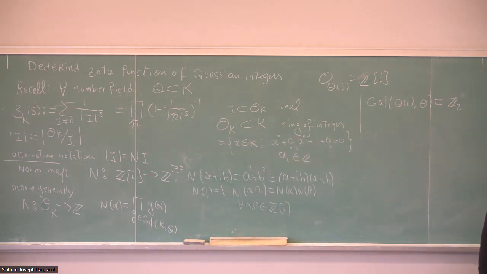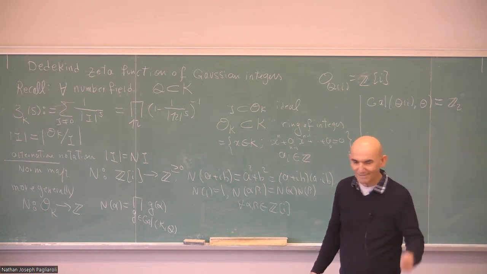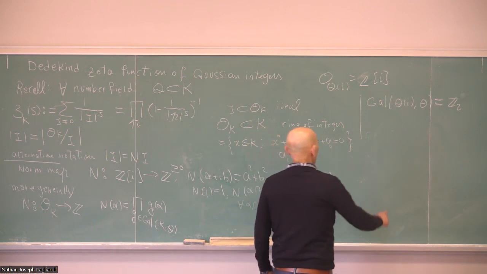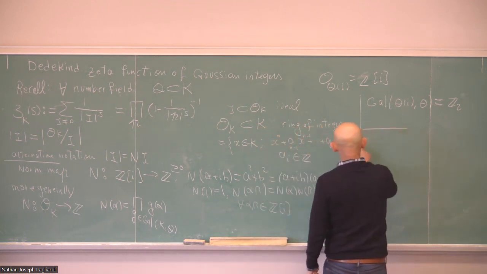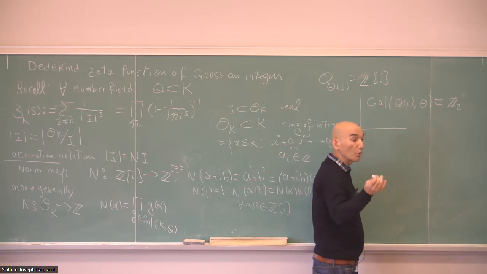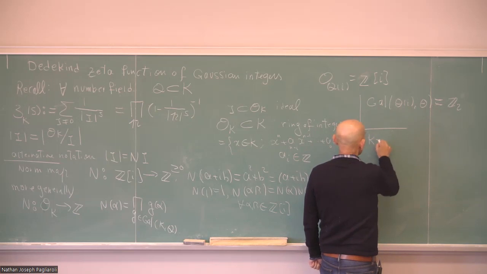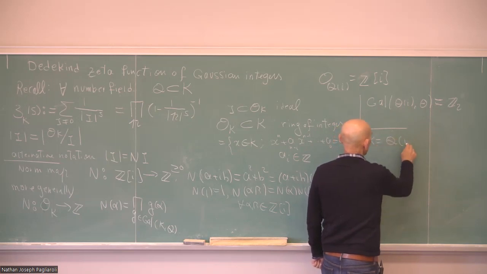No, I mean, so let me give you another example. So now that you ask, you again prompt me to talk a little more. So let's look at another example. What's the other example? It would be, for example, real quadratic extensions. For example, K equal to Q(√2).